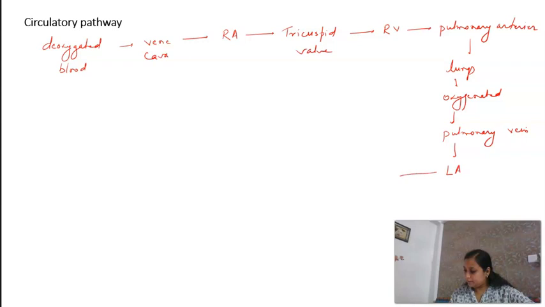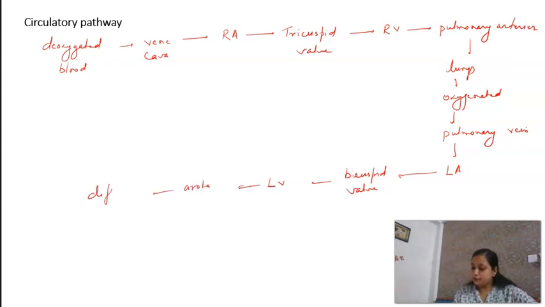And from this left auricle, with the help of the bicuspid valve, it will be pushed towards the left ventricle. And from this, with the help of the aorta, it will reach the different tissues of our body. So this is all about your circulatory system.